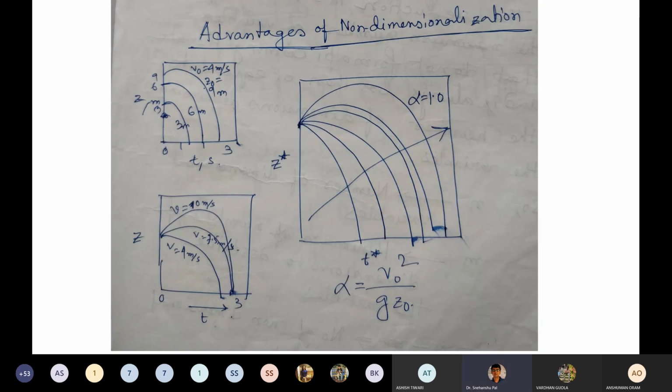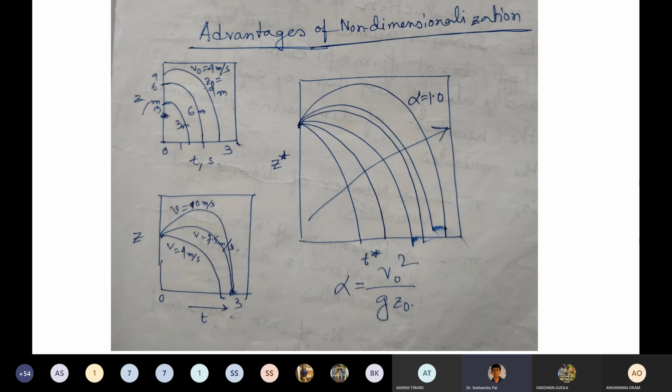Now what are the advantages? One advantage we already understood during the discussion of dimensional and non-dimensional equations: the reduction of the number of variables. And here also you can see the dimensional equation and the non-dimensional equation of the variables. You understand that if we consider non-dimensionalization of an equation for a particular system, then size and shape of the system is not going to affect your understanding of the system.